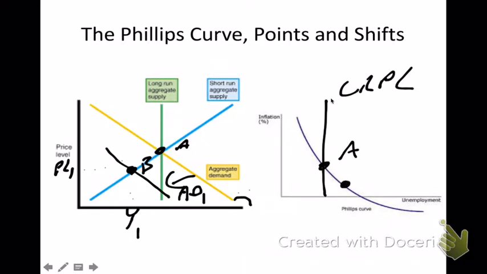So anytime you have a recessionary instance, where AD has shifted left, you move to the right of long-run equilibrium on the Phillips curve. Again, that's where this gets confusing. You're moving one direction on one graph, and you're moving the dot on the other graph the other direction.